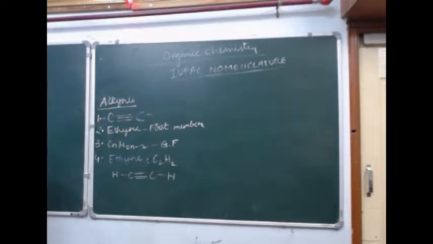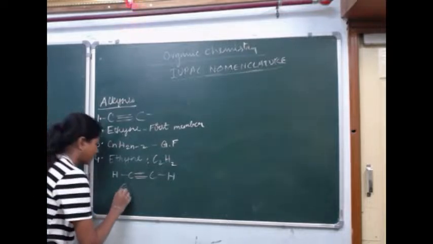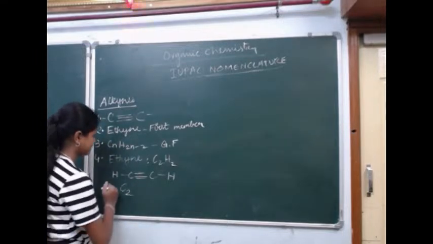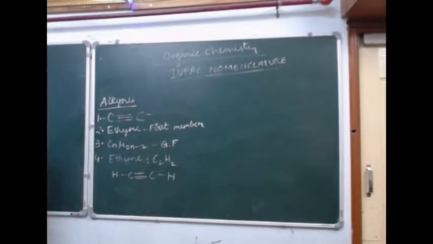So C2H2, that's all. This is the first member of the alkyne. Do you understand?